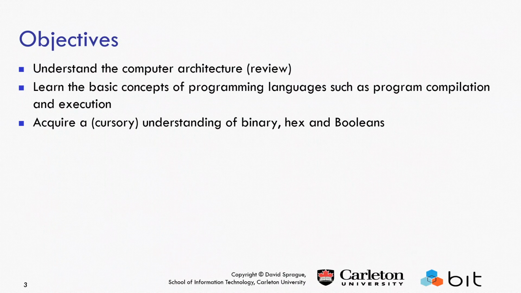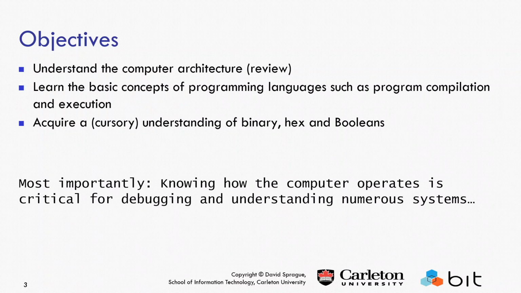So, what we're going to be looking at now that we've done some of the architecture is why we briefly looked at programming and architecture and compilation. We'll do a quick review of that. And then we're looking at binary, hexadecimal, not just hex, but hexadecimal, and booleans. And why is this important?